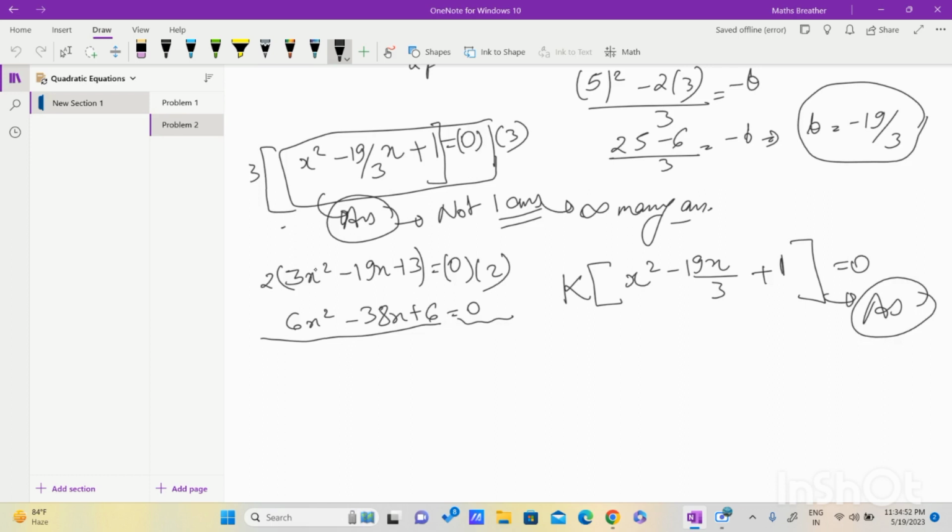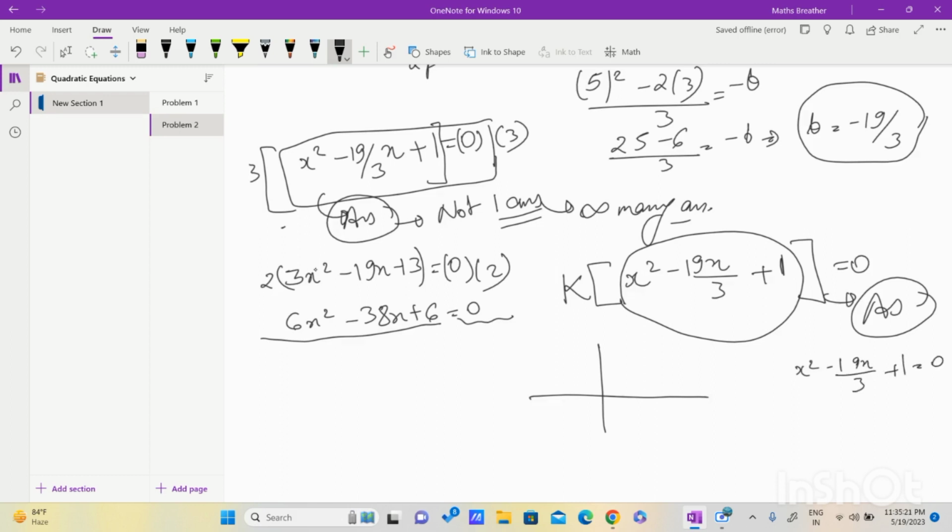Just to give you a fun fact at the end, because knowing quadratic equations is fun and you should know this stuff. So how will this quadratic equation look? Assume that we are only talking about x square minus 19x by 3 plus 1 equals 0.